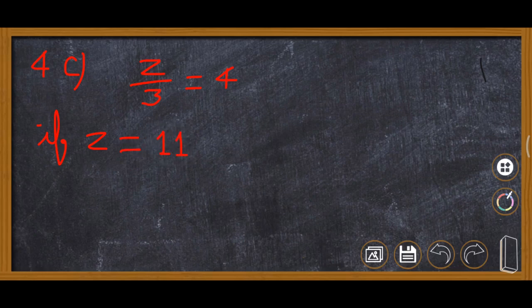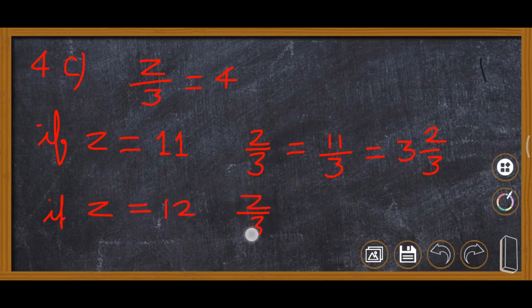If z is equal to 11, then z upon 3 is equal to 11 upon 3. Or 11 upon 3 we can say that 3 whole 2 upon 3. Now if z is equal to 12, then z upon 3 is equal to 12 upon 3.